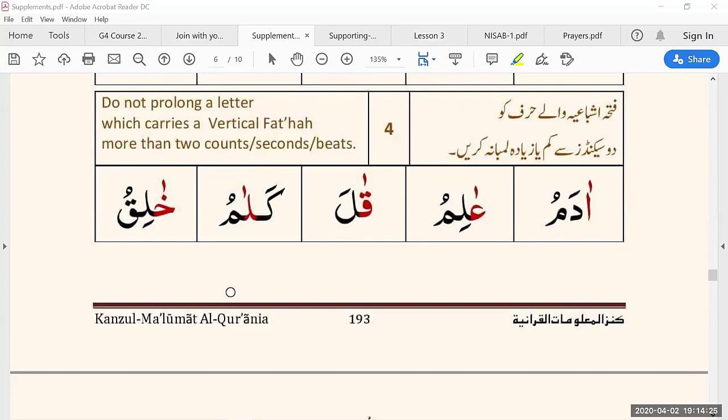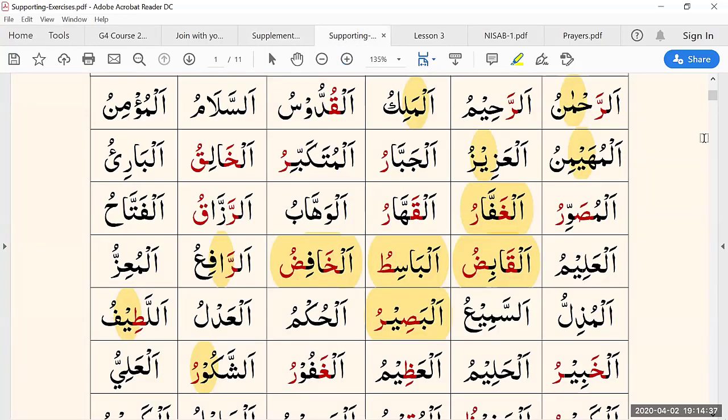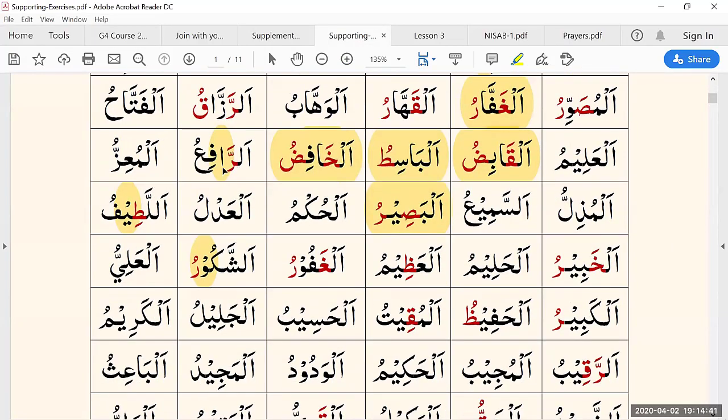So L239, I would like to ask you a question. I should have asked the question before. Let me go here. So here I have highlighted alif in the name of Allah, Ar-Rafi'u, ya in the name Al-Latifu, and waw in the name Ash-Shakuru.